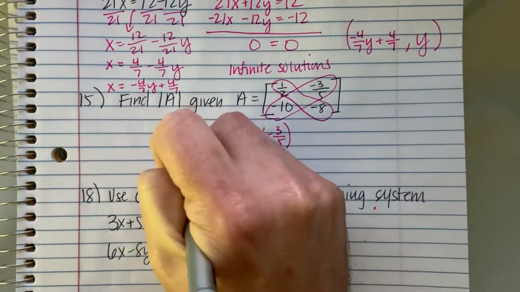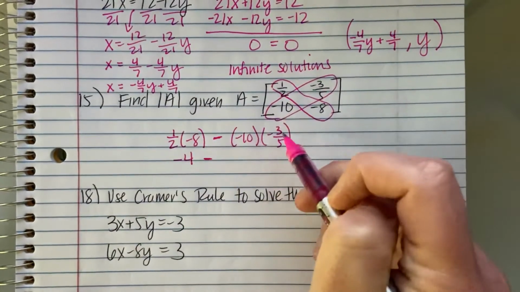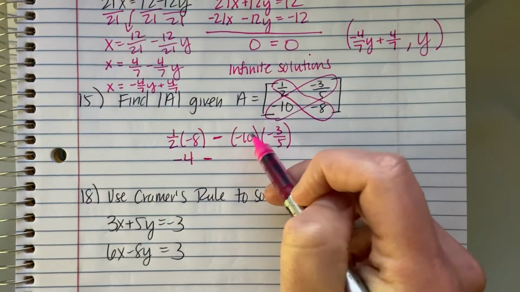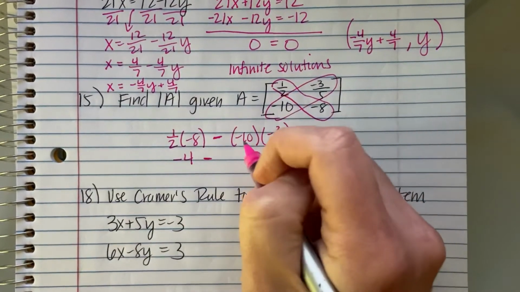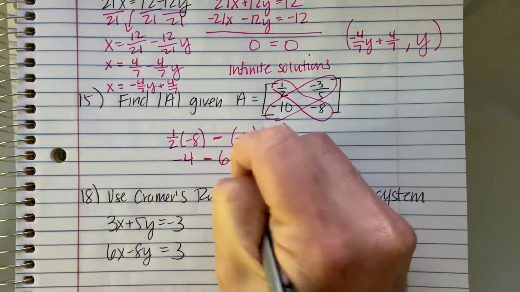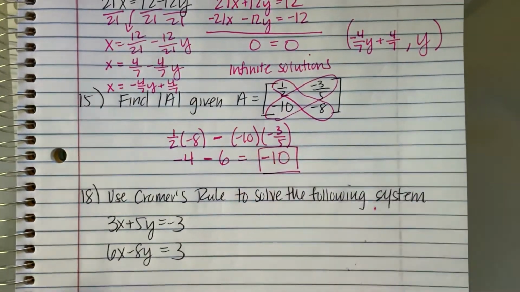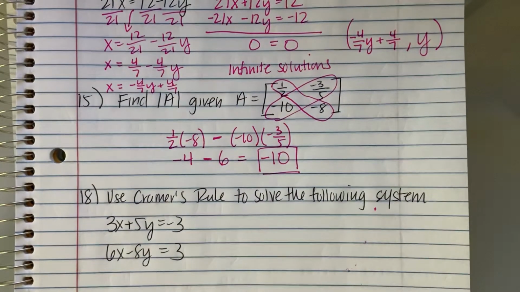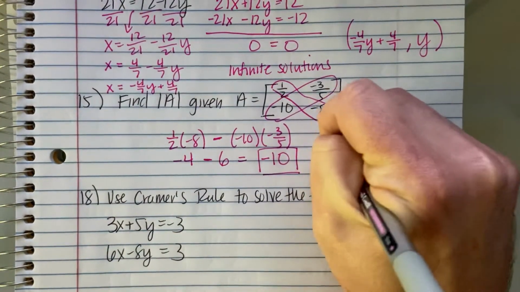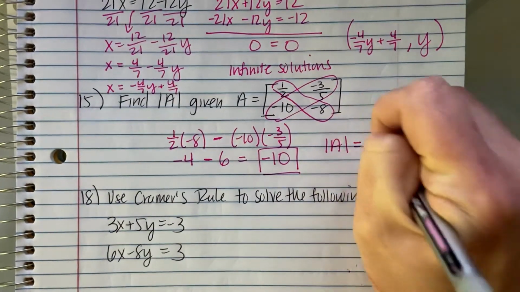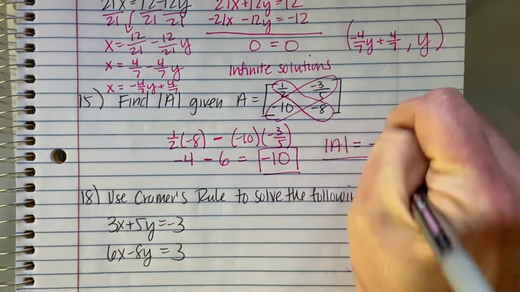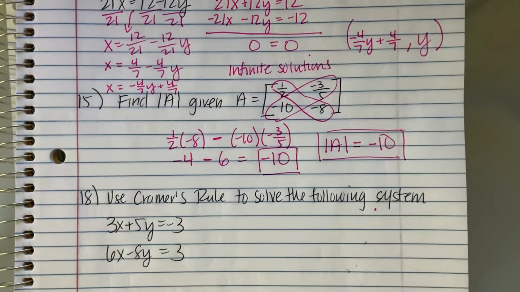Half of -8 is -4. Negative times negative is positive. 3/5 of 10 should be 6, so -4 minus 6, which is -10. That's it. So you could say that the determinant of A is equal to -10. Either one of those is fine.